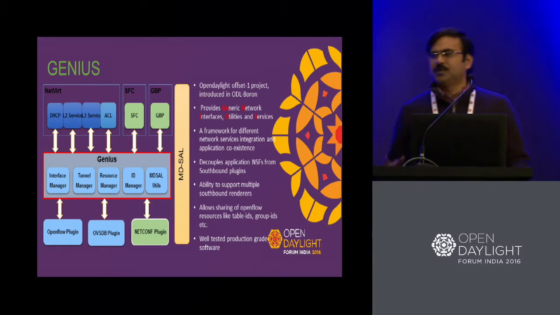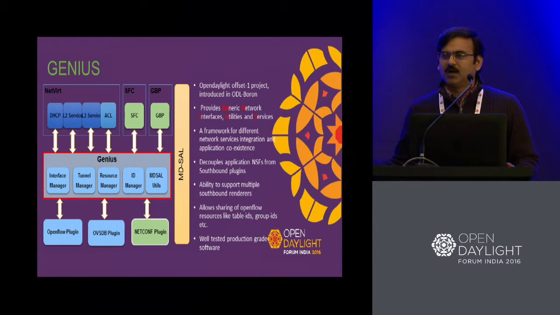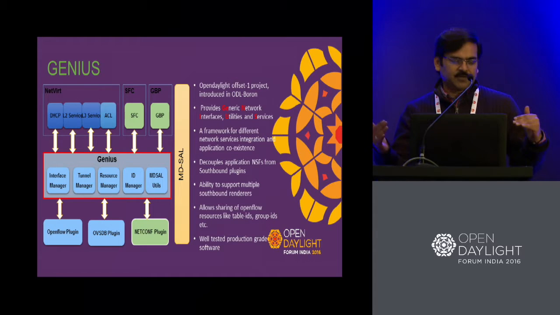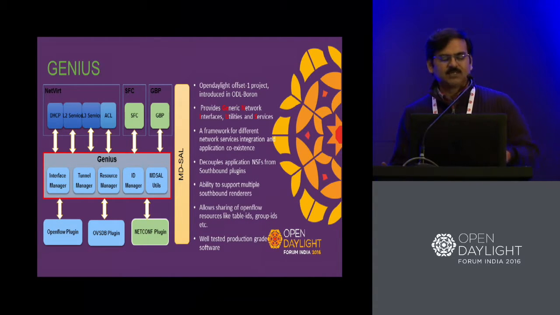So today we have, say, OpenFlow plugin renderer or OVSDB renderer. If there is a new southbound node, we can actually create a renderer and attach it with Genius, so that the Genius northbound interface remains the same, and internally Genius hides the communication with the southbound plugins.